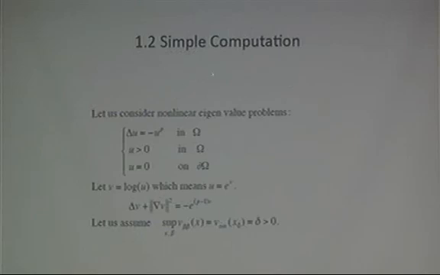Let me give a simple computation and then see what the problem is in the computation. So let's say you have nonlinear eigenvalue problems with u to the p, and if p is 1, then definitely you have a constant in front of it. And if p is different from 1, you can scale it and then you can make it 1. And then let's say I try to show the solution is log concave.